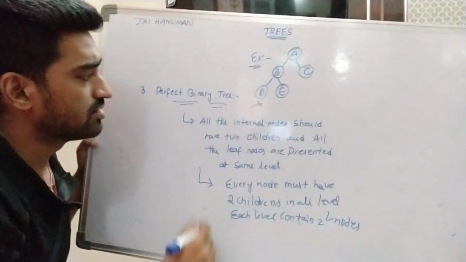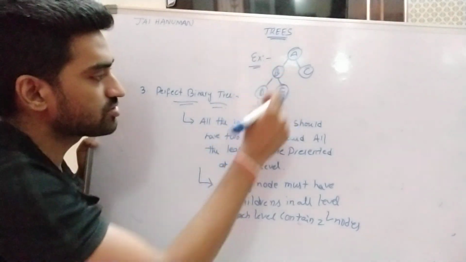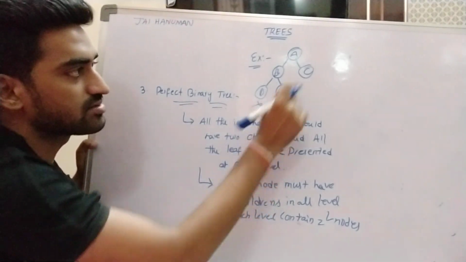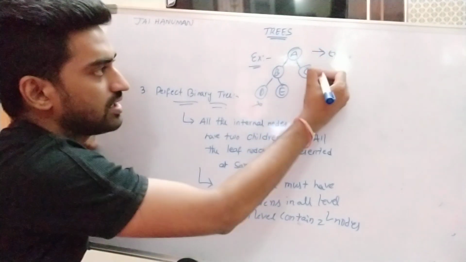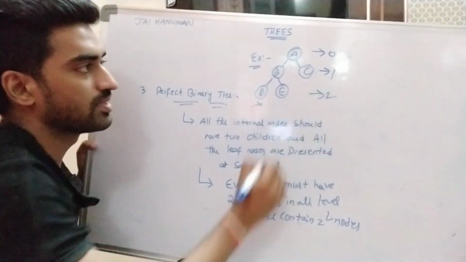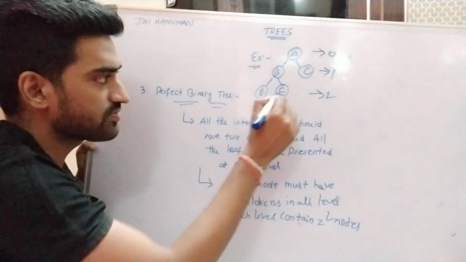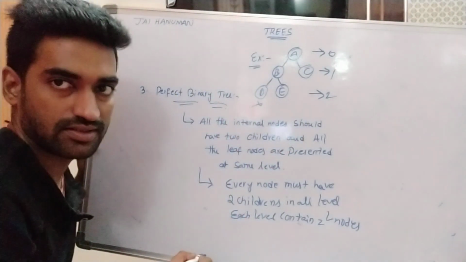Why? Because each and every node should contain 2 children and all leaf nodes should be at the same level. So this is level 0, level 1, level 2. But a leaf node is presented at the previous level also. So that's why this is not a perfect binary tree.